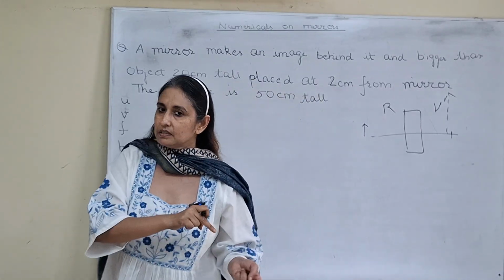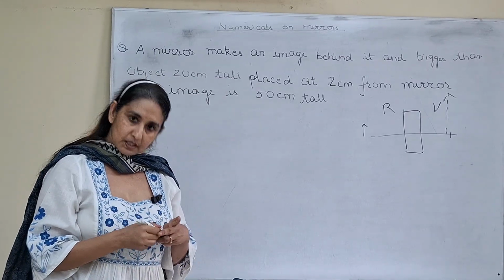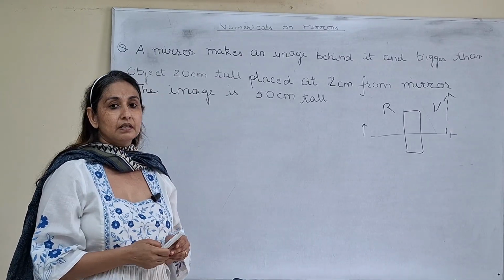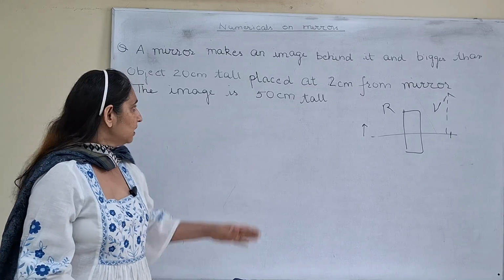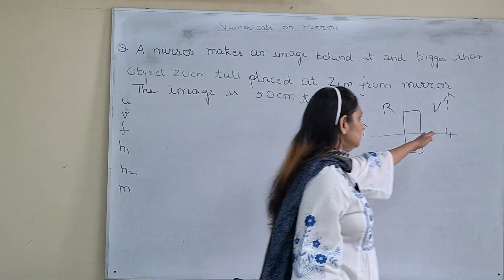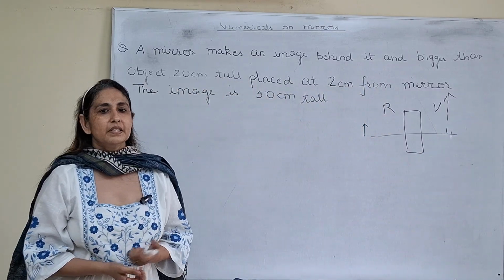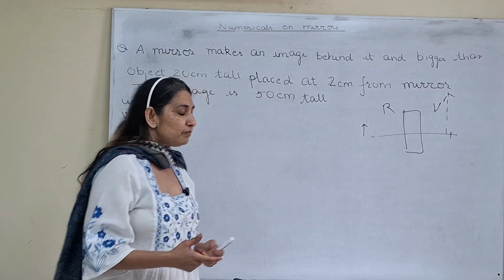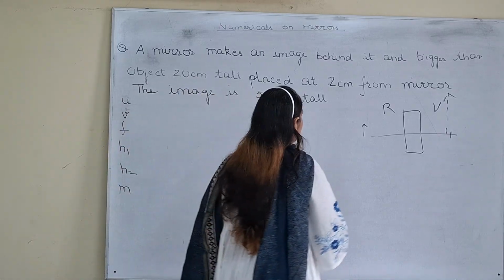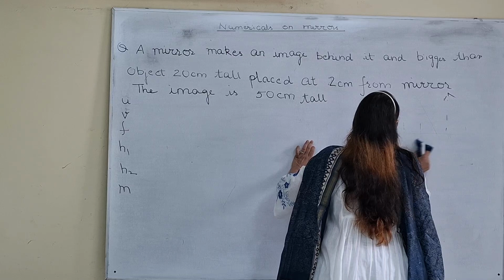We just read in the previous question कि convex mirror जो होता है virtual भी बनाता है, diminished भी बनाता है और erect भी बनाता है. अभी diminished है कि enlarged है? The image is enlarged. तो convex mirror तो हो नहीं सकता. फिर क्या है? ये concave mirror है, दो ही टाइप के तो हमने पढ़े हैं. So now we know that it is a concave mirror.